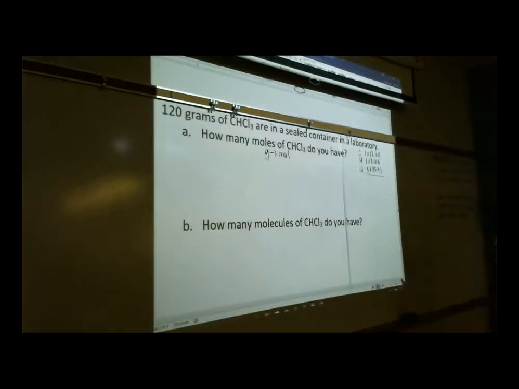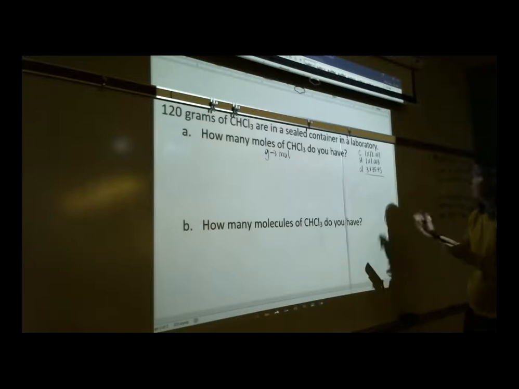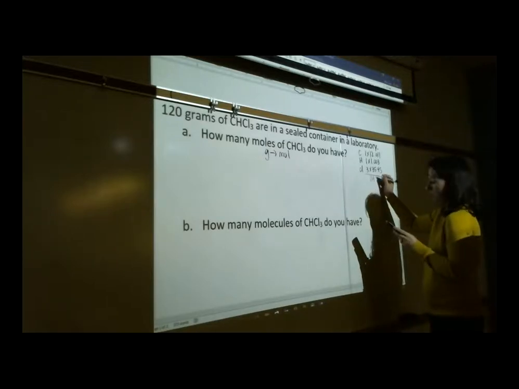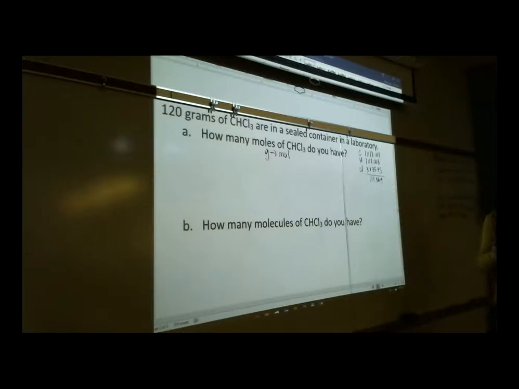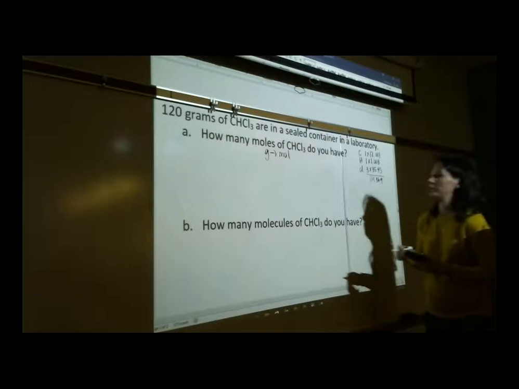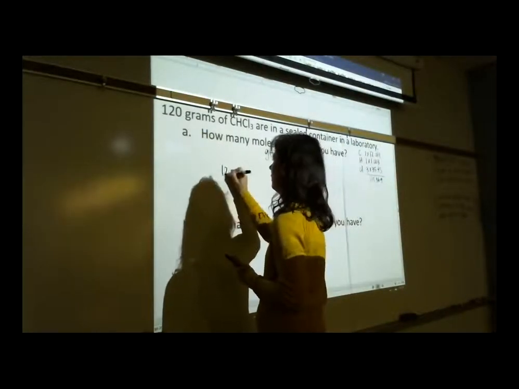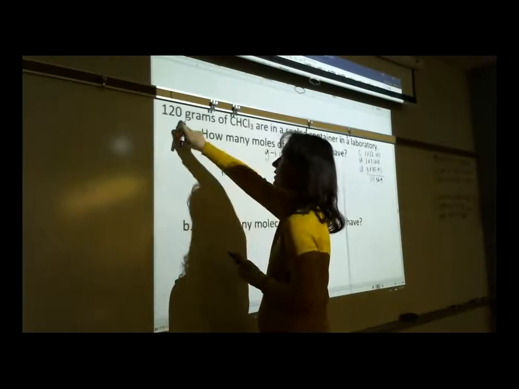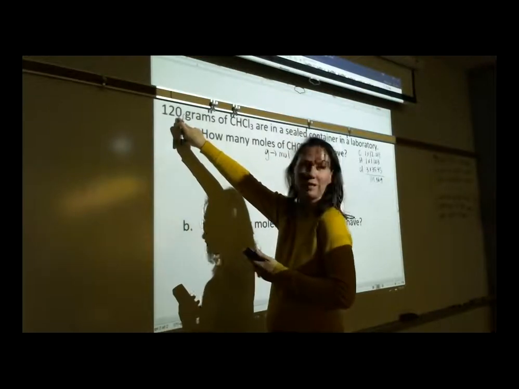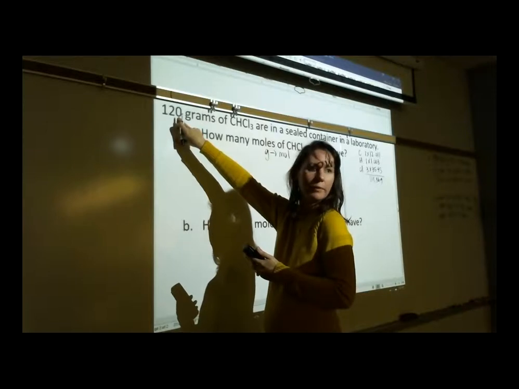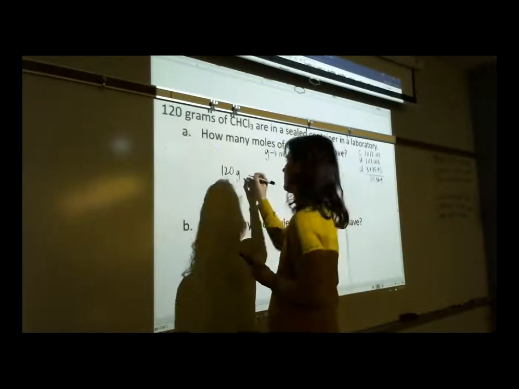Okay, so all right, I got 119.369. Do we agree? Okay, so 120 grams, no decimal place there, notice. That's important for sig figs because if there's no decimal here, is that 0 significant? No, it's not. This number only has 2 sig figs.